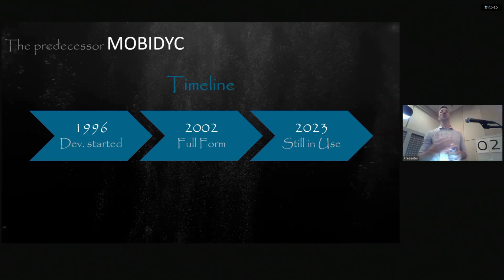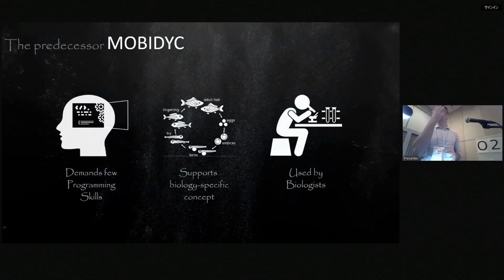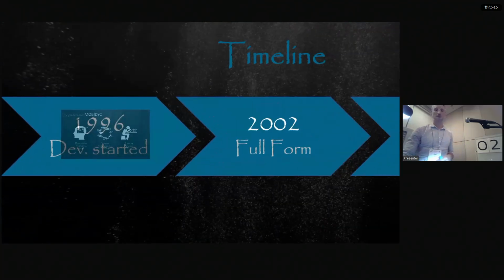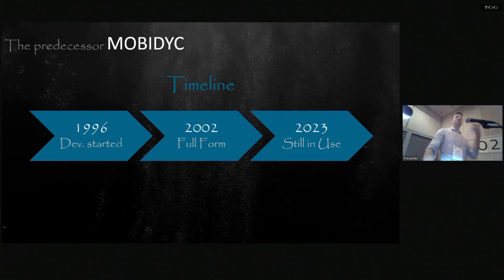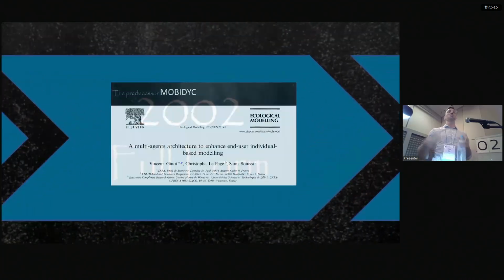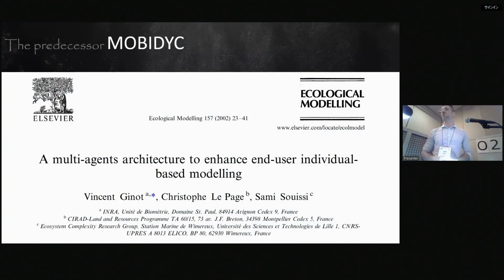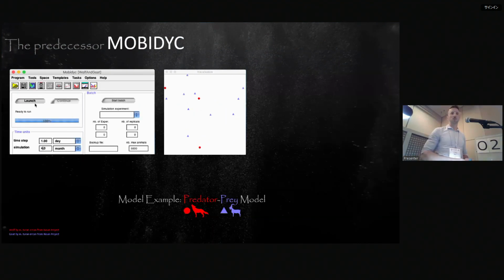It was initiated in 1996 by a French researcher, Vincent Ginot, from INRA, with three main goals: reducing or minimizing the demand for programming skills, supporting biology-specific concepts, and being user-friendly to biologists. Vincent worked a lot on this, and Mobidyc became operational in 2002. And this is how it looks.